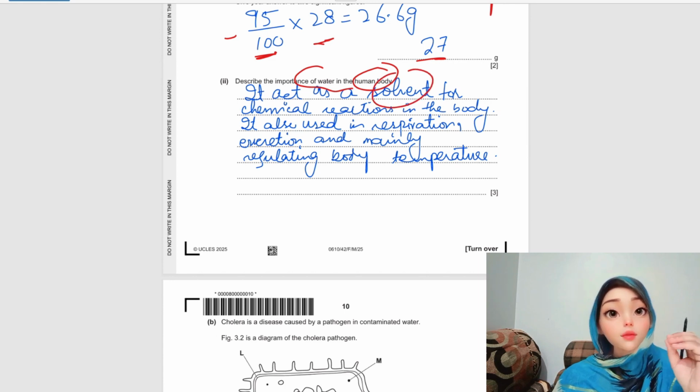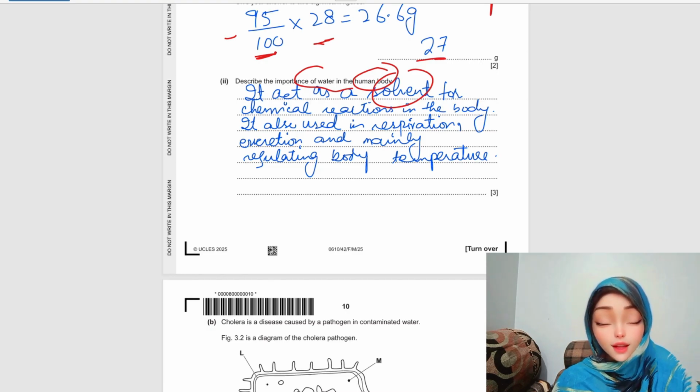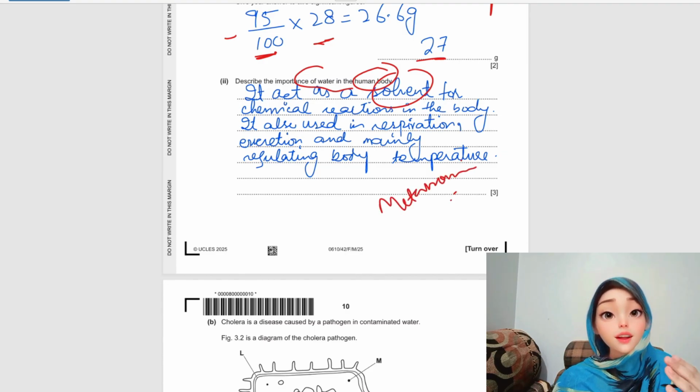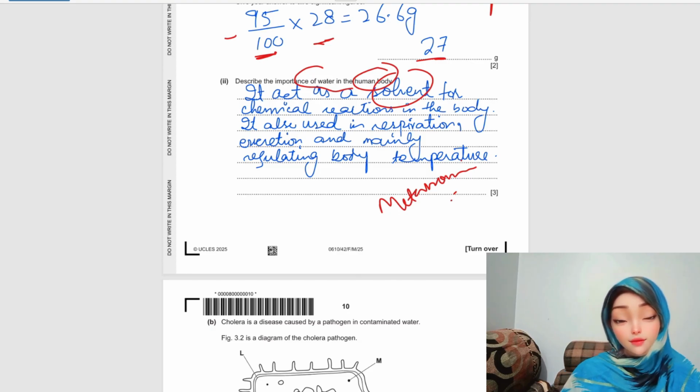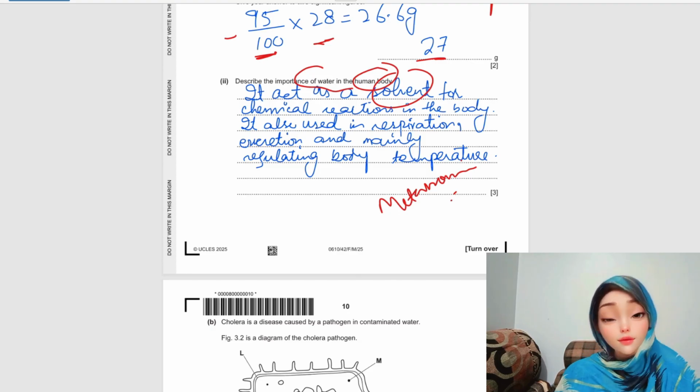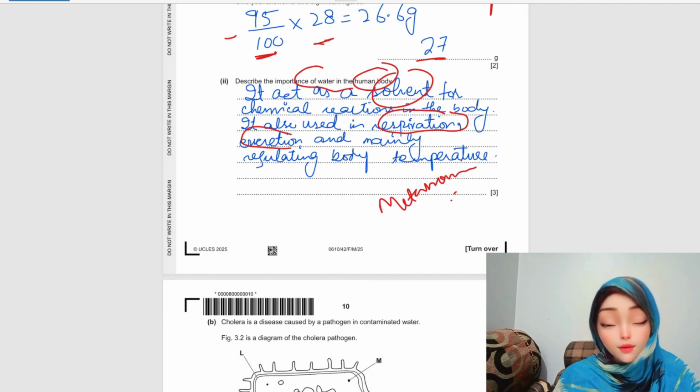That's why water is really essential for metabolism. So water is important to maintain metabolism, and secondly it is also used in respiration, excretion, and mainly it is also used in regulating body temperature.